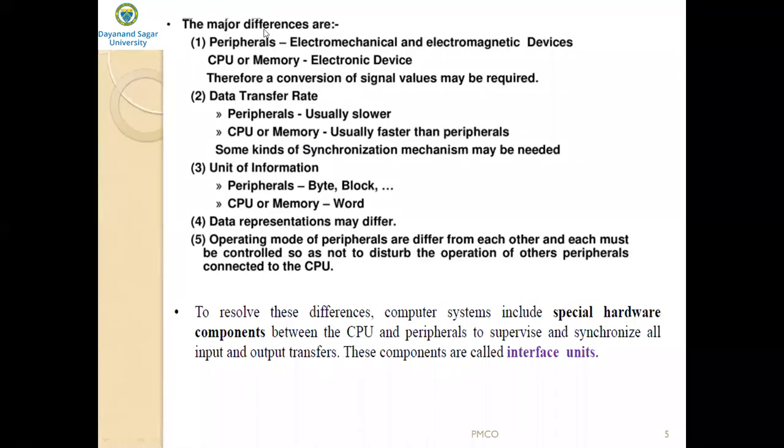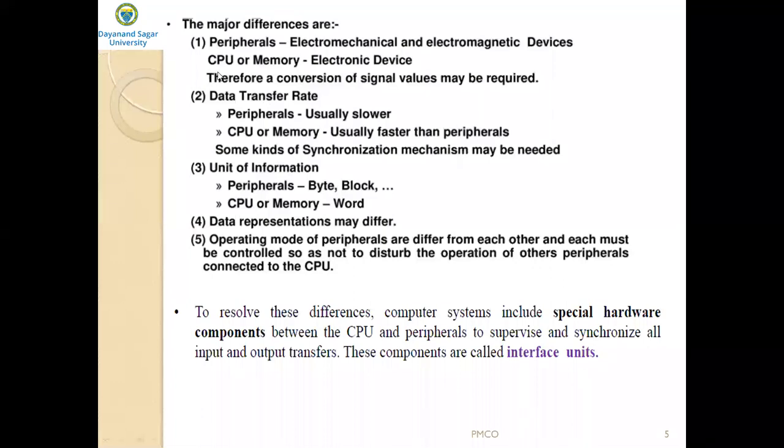Peripherals are made up of electromechanical and electromagnetic devices, whereas the CPU or memory is made up of electronic devices. Therefore, a conversion of signal values may be required. That means analog to digital or digital to analog, or serial data to parallel data or parallel data to serial data. So a conversion of signal values may be required.